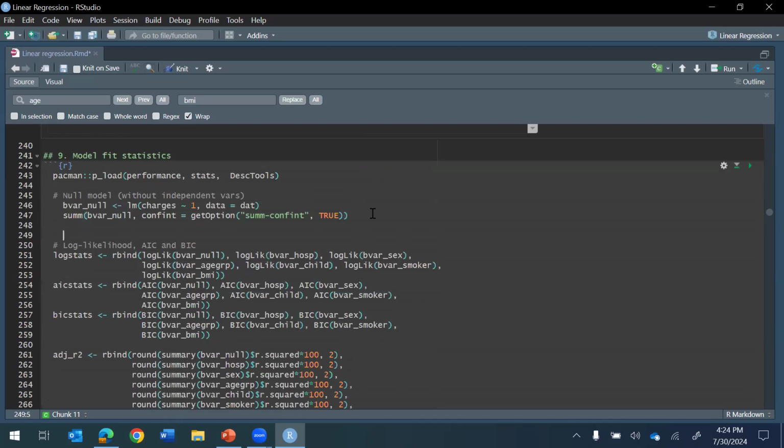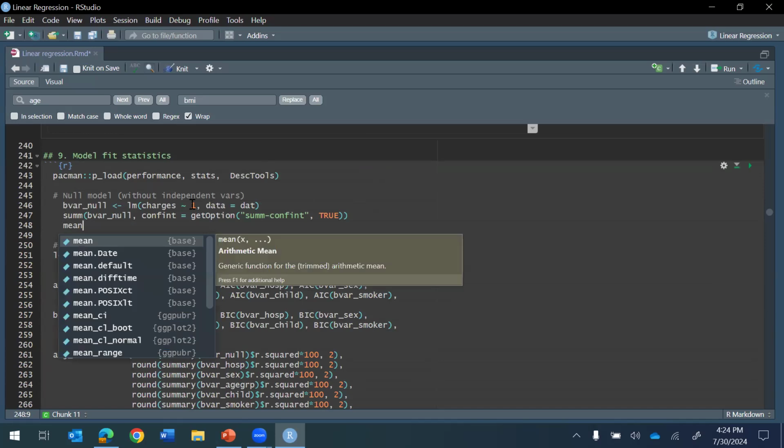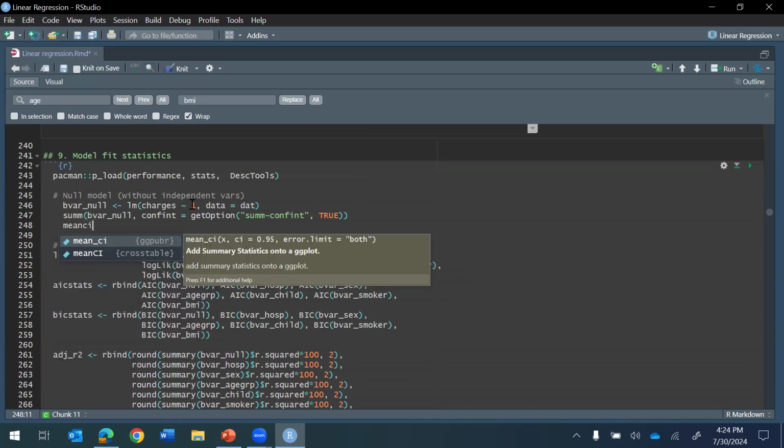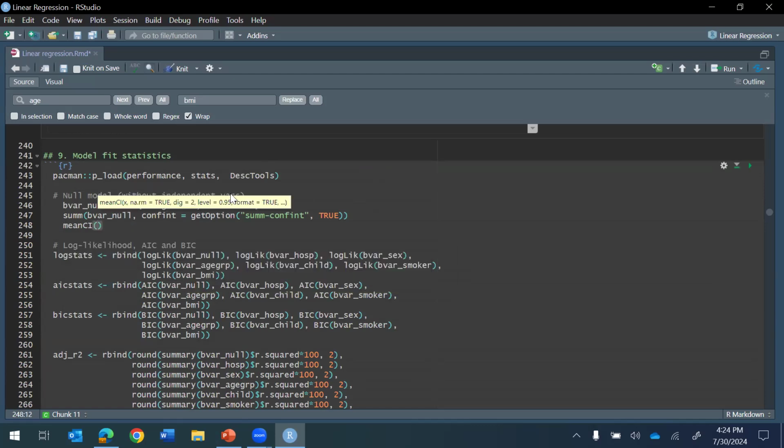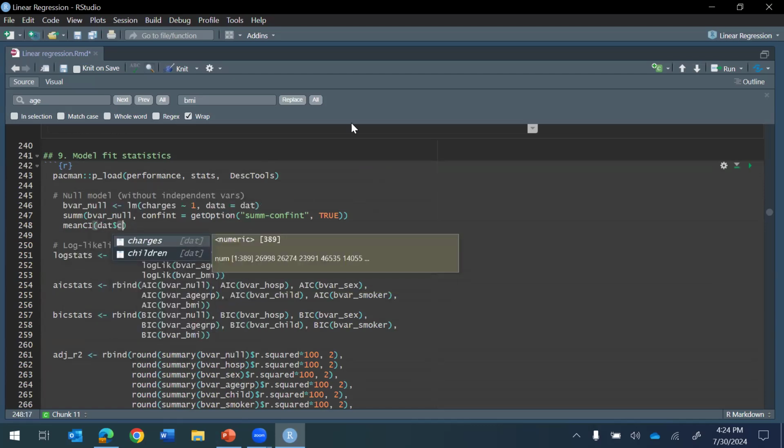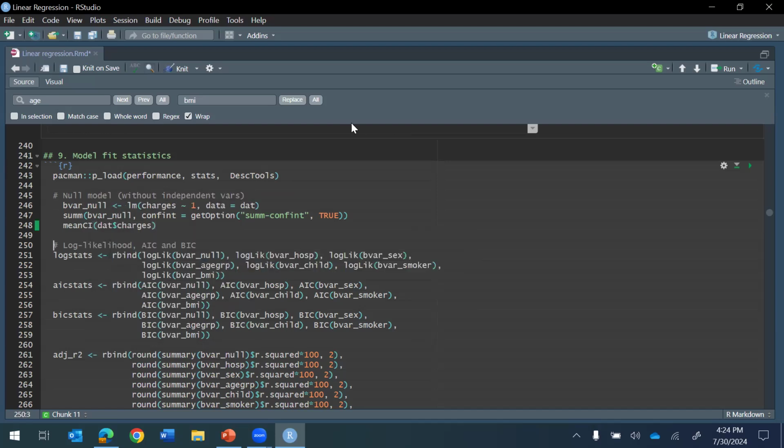If you don't believe me, the other way to do this is to use the descriptive tool, and we use the mean CI. And then we specify our data set, charges.